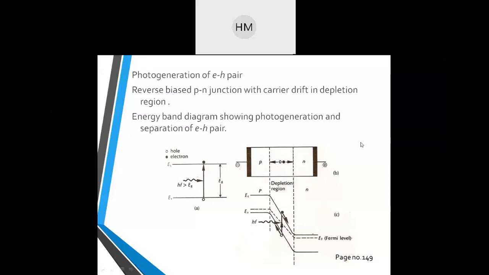That's good. So, what we are going to discuss over here? Photo generation. Okay, optical detection principle.